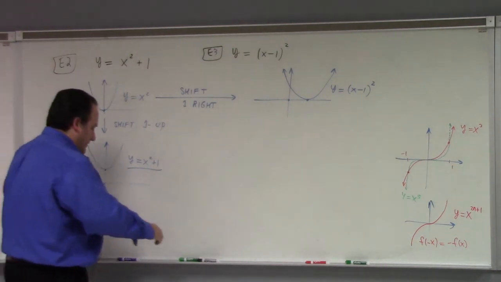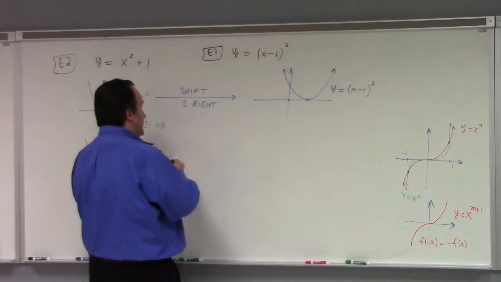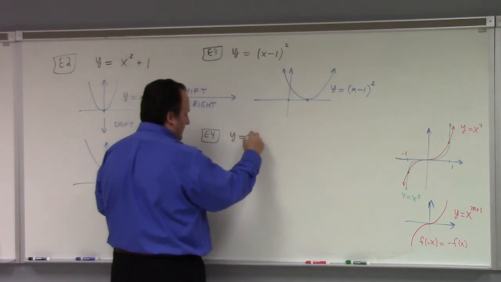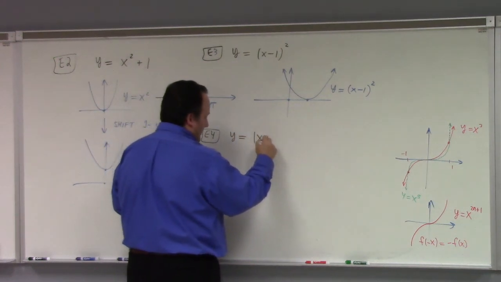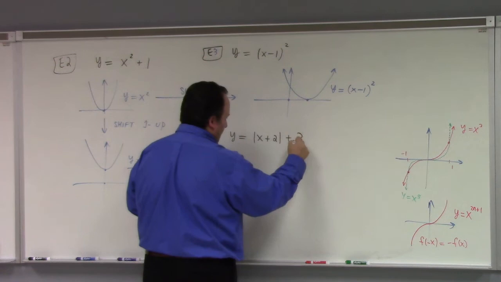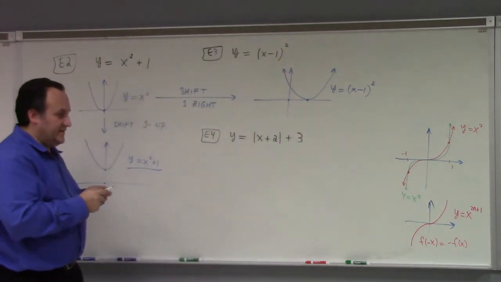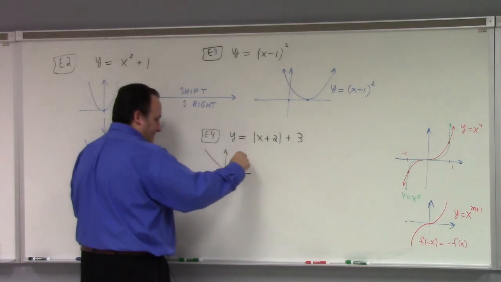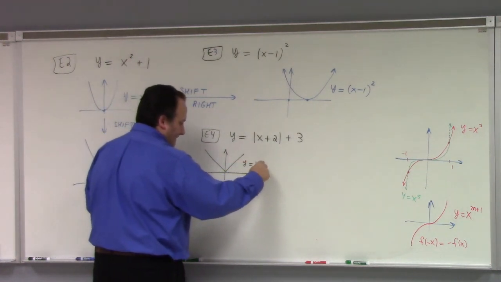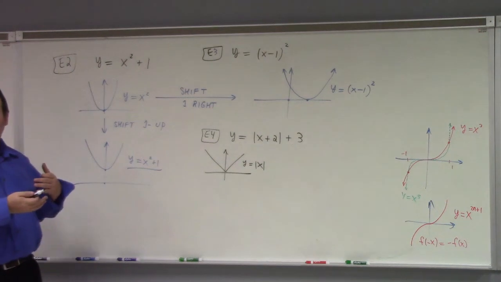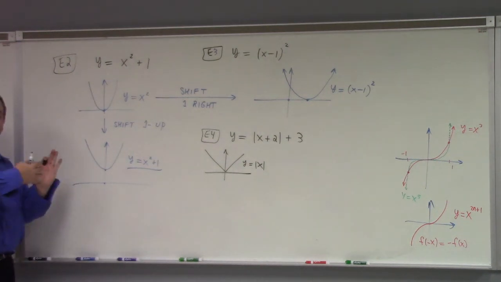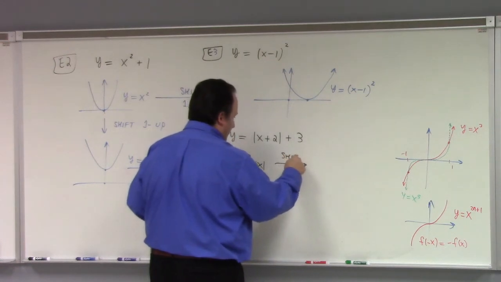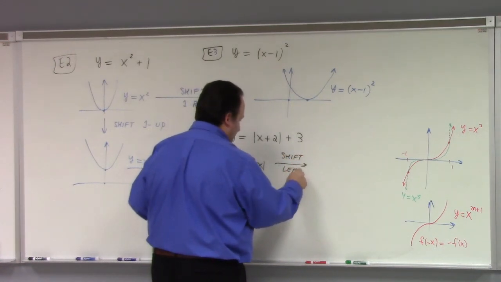Here's one more example. We'll do tons of these next class, all right? But another example for today, if we look at y equals absolute value of x plus 2, plus 3, how would you do that? This is a two-stepper. So we start with absolute value of x, right? Adding 2, that's shifting 2 to the left. Shift left 2.